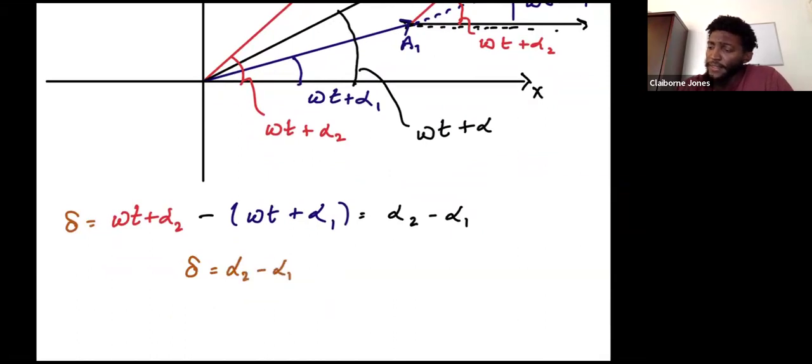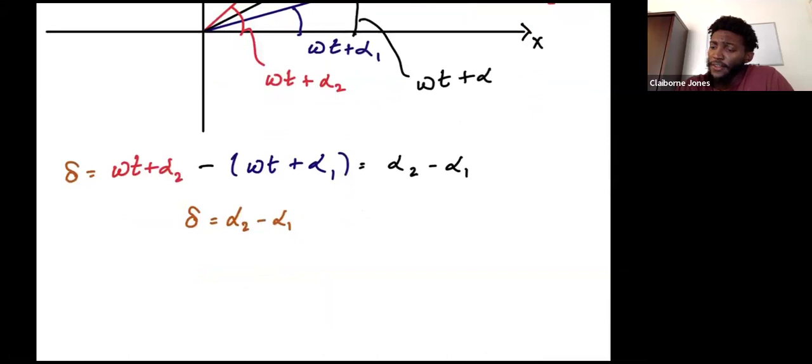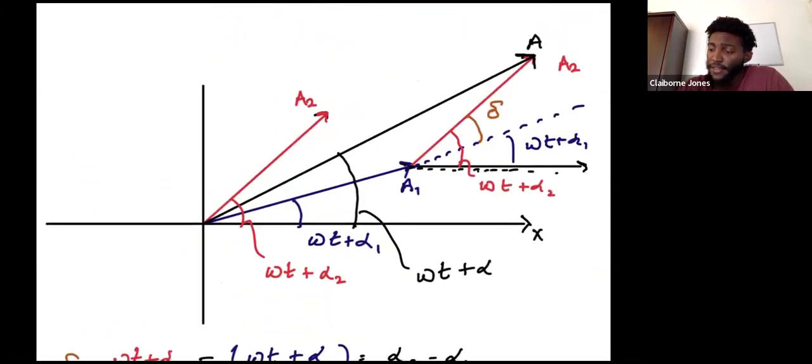All right. And using the law of cosines, we'll find that A squared is equal to A1 squared plus A2 squared, and it's going to actually be plus because we're using this angle delta as opposed to this angle, if we called it theta, all right?